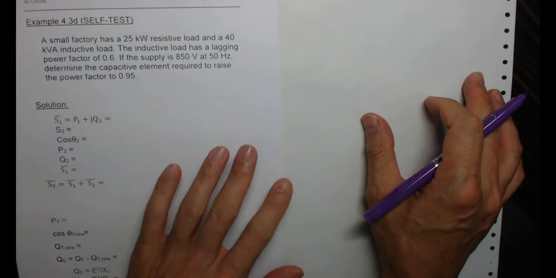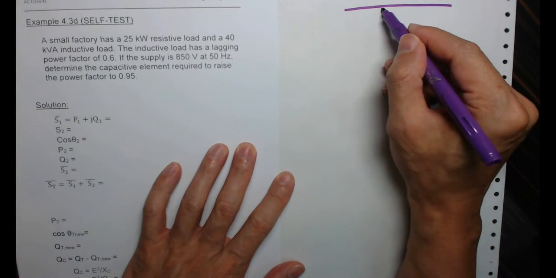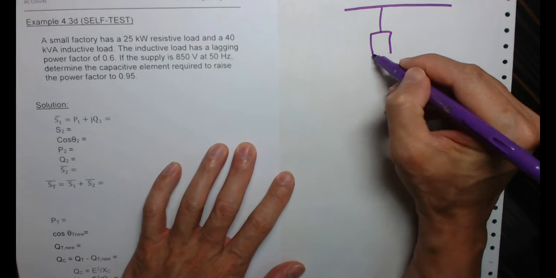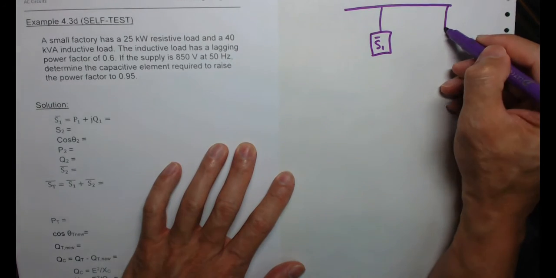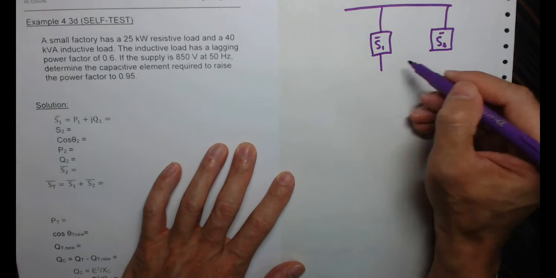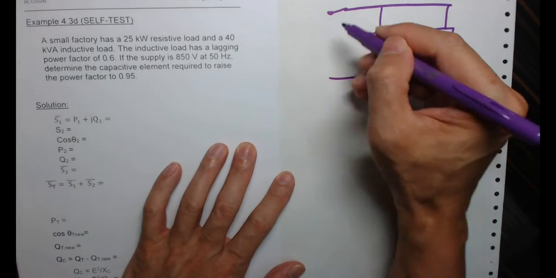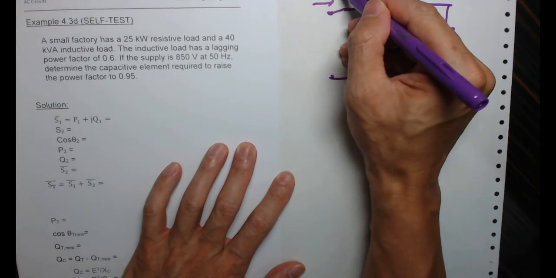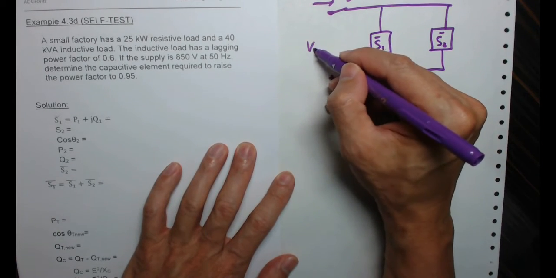To answer this question, we start by drawing the diagram with two loads: S1 with power S1 and another load with power S2. That is the current coming in, IS, and this is my VS, the voltage source.